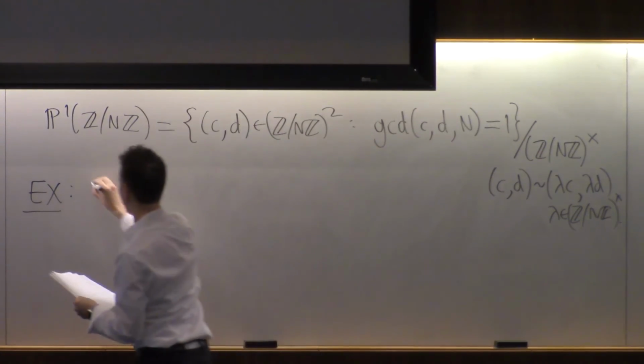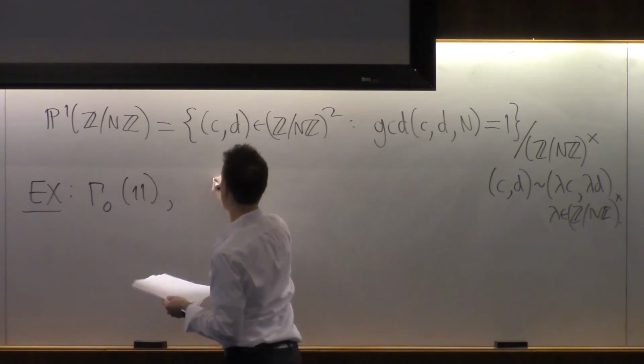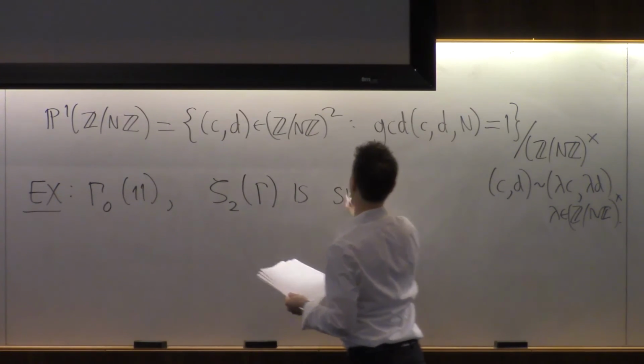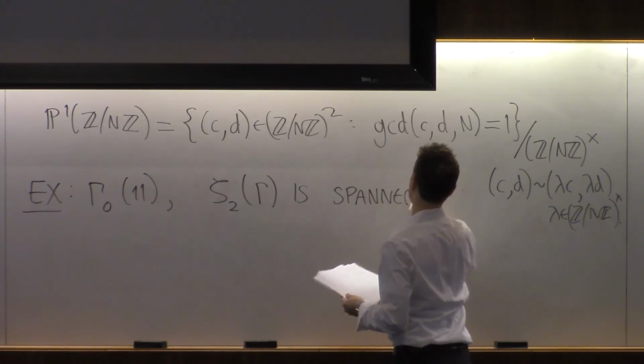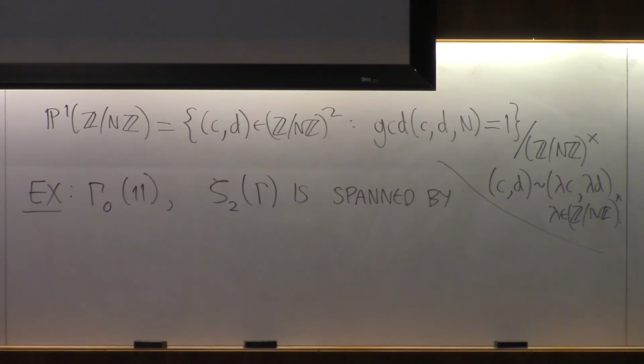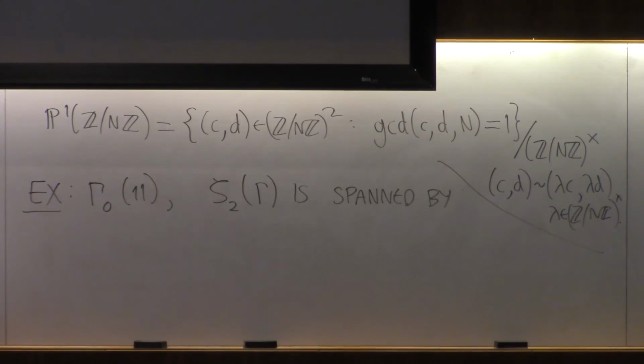Okay. So what does Gamma_0(11) look like? If I put these two things together, first of all, if I write them as left cosets, all I have to do is hit the matrix with these guys. I have written down a nice set of representatives here.